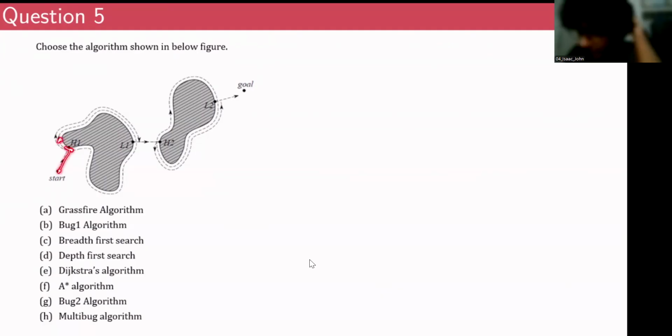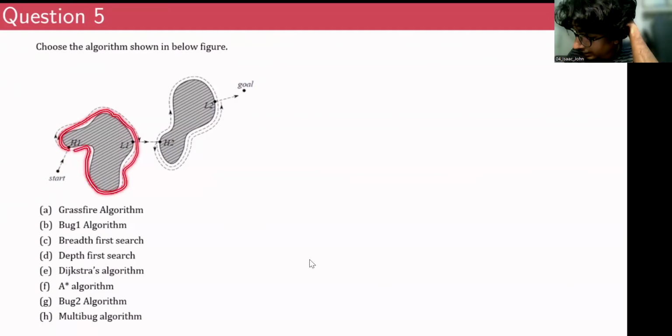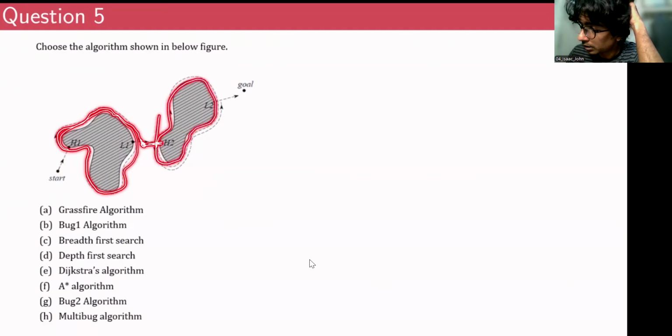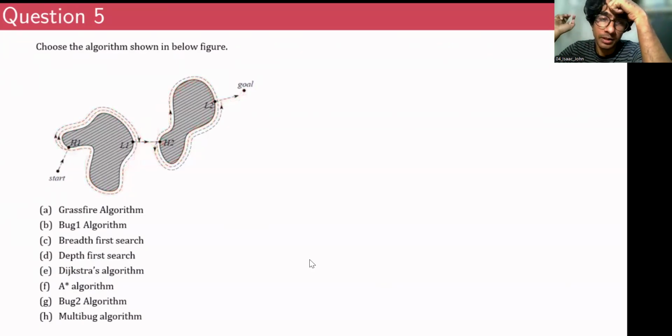Then, as per the arrows depicted in this diagram, it encircles the obstacle once. And then it goes around again, and somewhere around here it breaks off to the next obstacle, and here also it does a loop, and once it reaches this point it breaks away to the goal position.